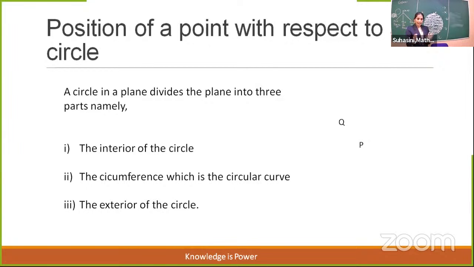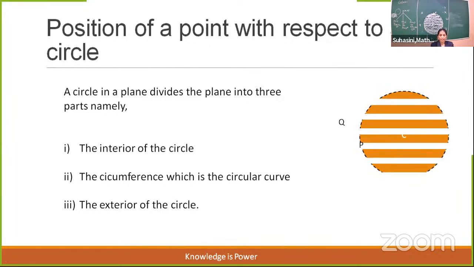So the circle divides the complete plane into three mutually disjoint sets. The first set is the collection of points which lie in the interior plane of the circle. The second is the collection of all those points which lie on the circumference of the circle. And the third is the collection of all those points which lie in the exterior plane of the circle.